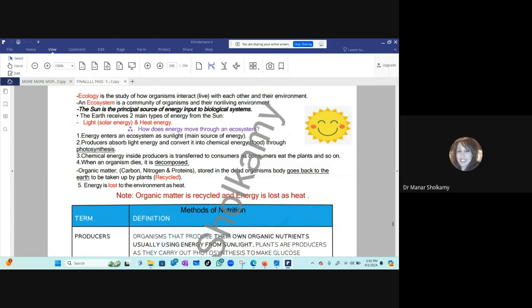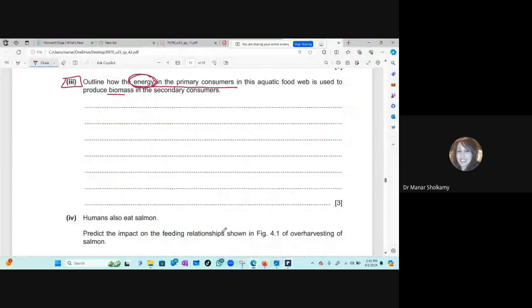And you will also mention this food is used in what? In growth, in respiration, in mitosis, in production of proteins, etc. Now, I honestly do not expect you to remember. So this question also, highlight it, please, because it's an important question. So please highlight this question and go back to it while you're studying.